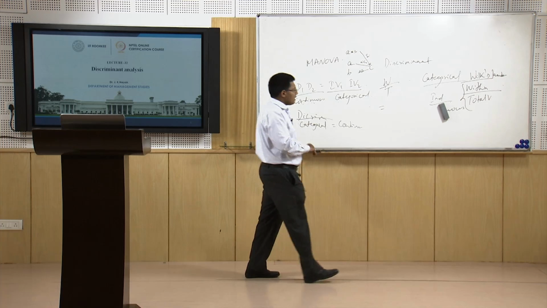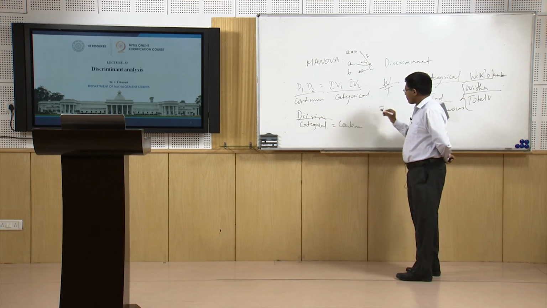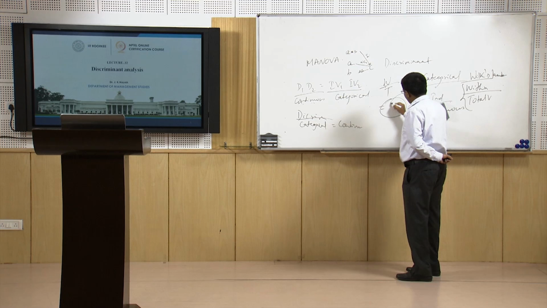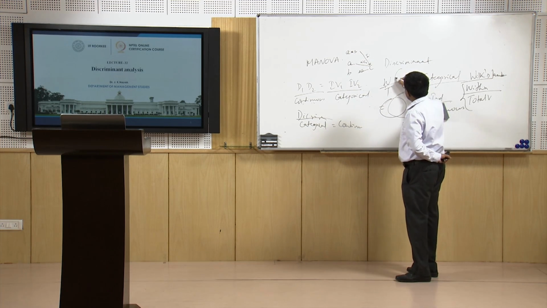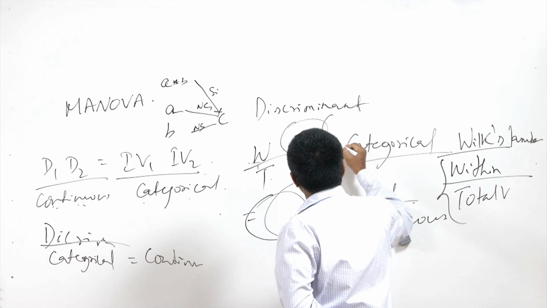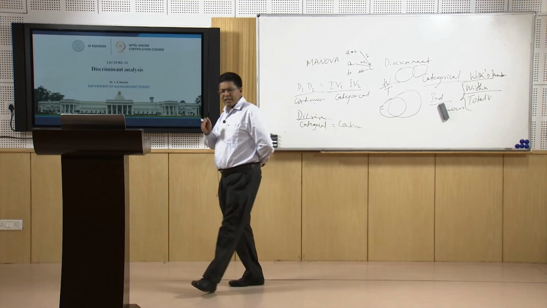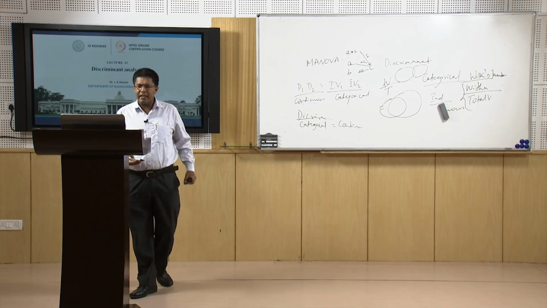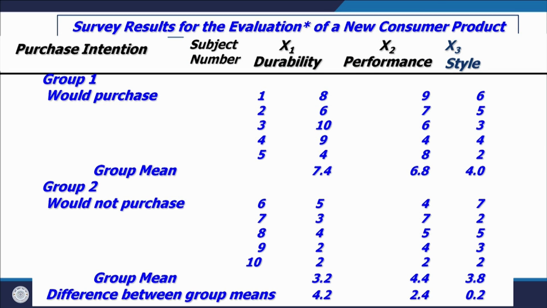A higher Wilks lambda tells you that there is a lot of overlap. If the Wilks lambda is low, the overlap is very little, right. That is what it explains. In this you can see there is a sizable distinction between the 3 groups, McDonald's, Burger King and Wendy's, right.